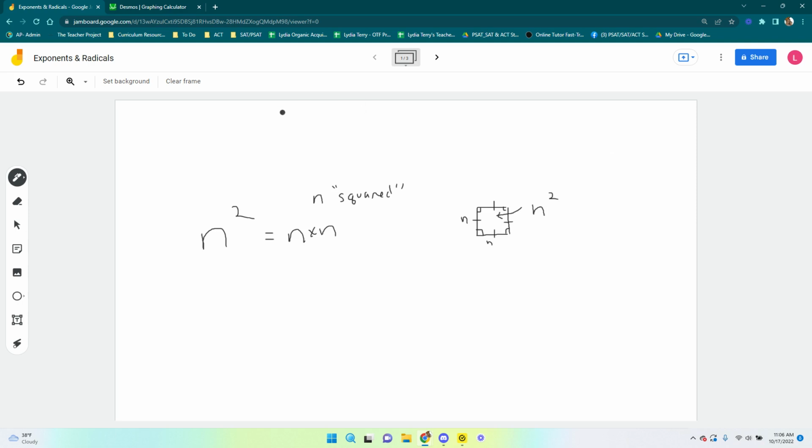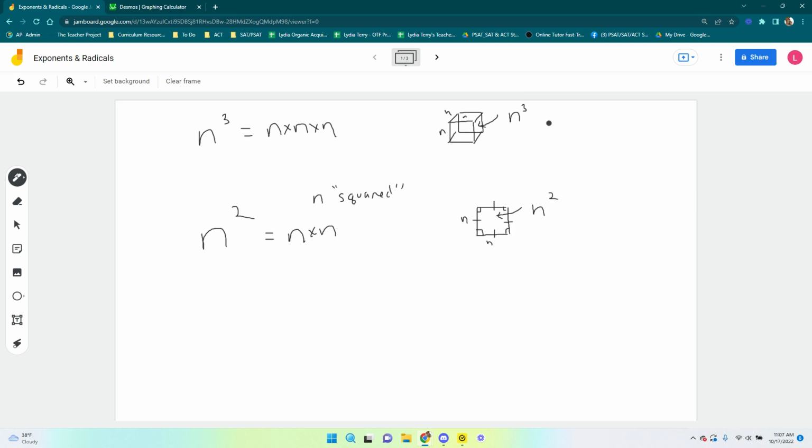Same thing with cubed. N cubed is n times n times n, and the volume of a cube will be base times height times width. Not the area, excuse me, the volume. The volume of a cube will be n cubed, side cubed, okay?